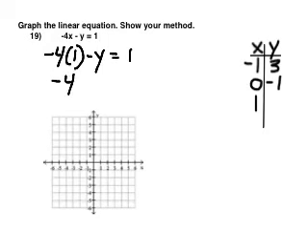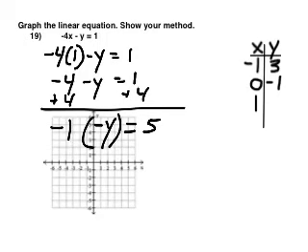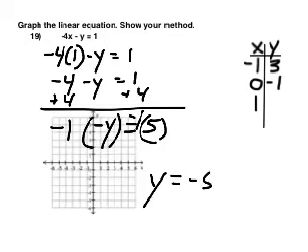This becomes a negative 4 minus y equals 1. Okay, add 4 to both sides. Notice I'm always doing it the same way. I either add or subtract or multiply or divide the same thing to both sides, right? So we have a negative y equals 5. And we have to multiply both sides by negative 1, and we get y equals negative 5.